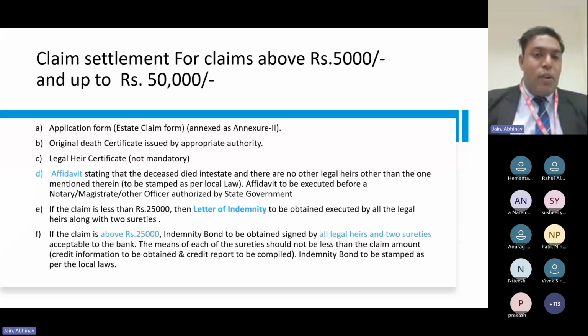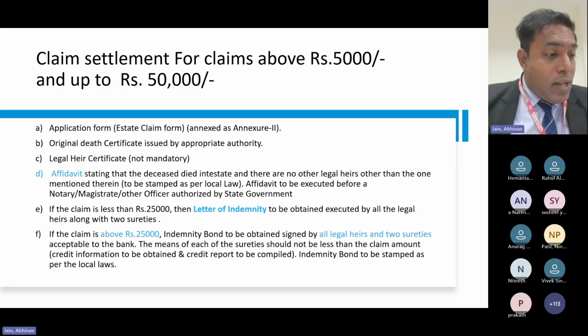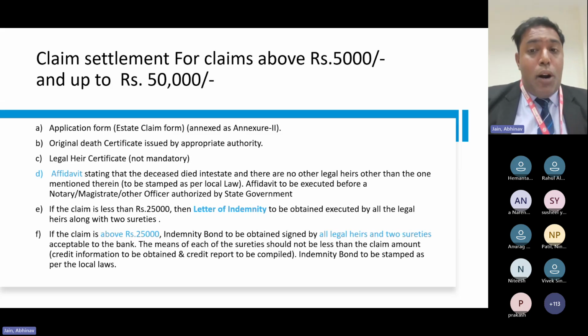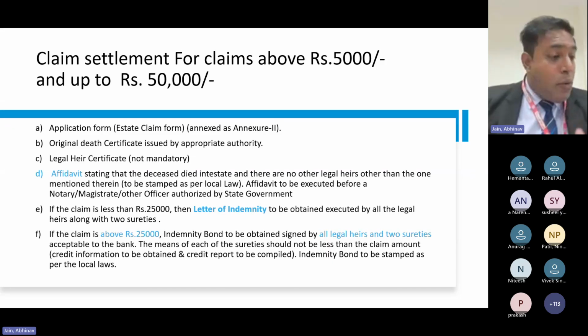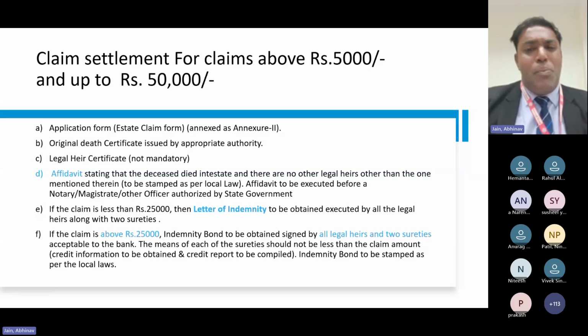Then in that case, we would be taking an indemnity bond. So there is a difference between the letter of indemnity, to be taken from 5,001 to 24,999, and the indemnity bond with the signatures of all legal heirs and two sureties in case of an amount above 25,000 and up to 50,000. So these can be probable questions on this particular slide.